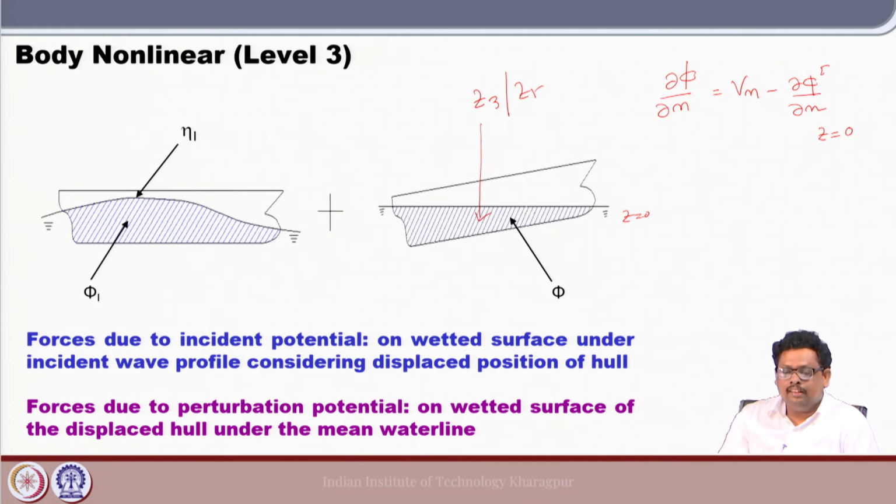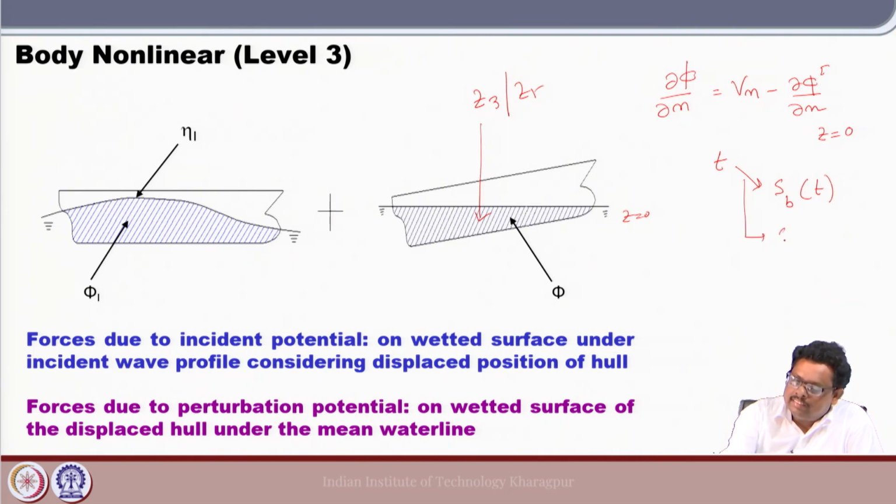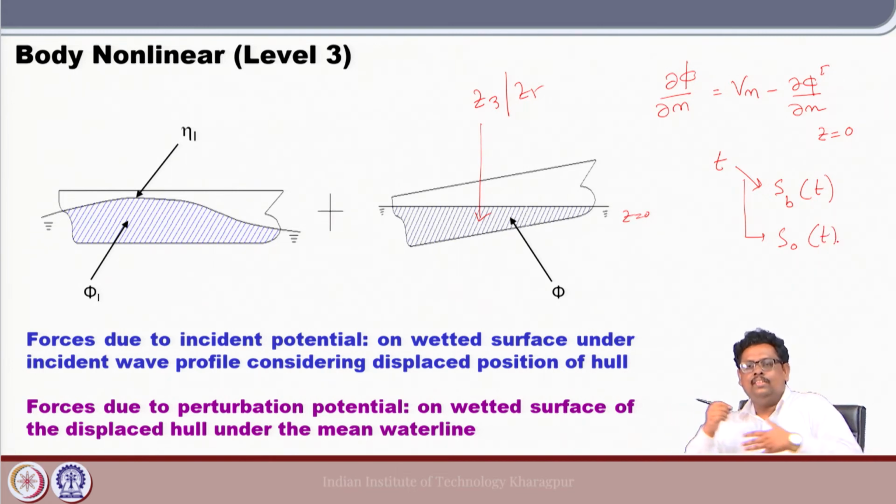However, here we are incorporating the vessel motion into the solution at each moment. So, at each time instant t, I try to find out what my wetted surface is. I can call that S b, a function of t, or we can say S 0 at t, because I am always trying to figure out the mean wetted surface. Now, this surface changes with respect to time.